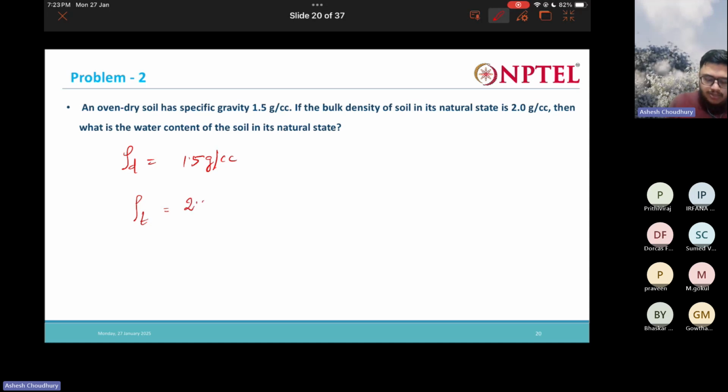It is given as 2.0 gram per cc. Gamma dry is equal to gamma bulk by 1 plus W, with density.